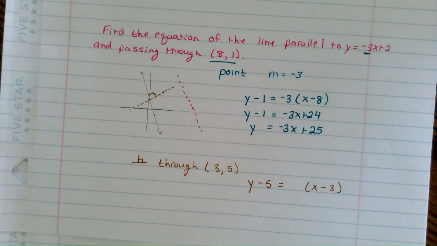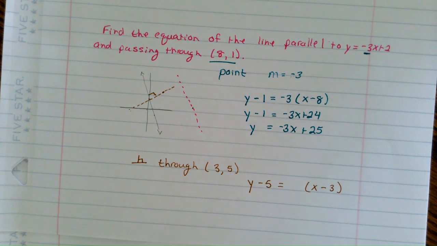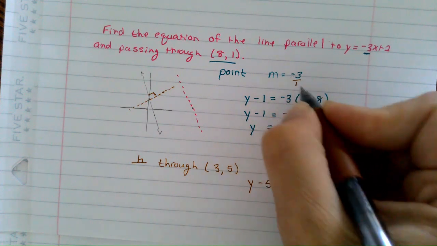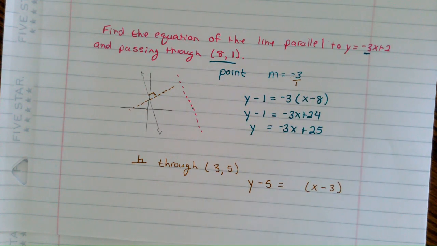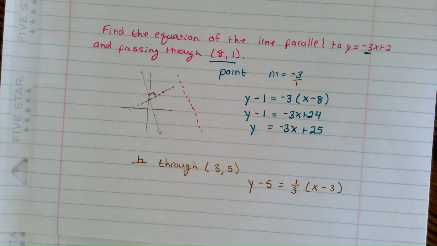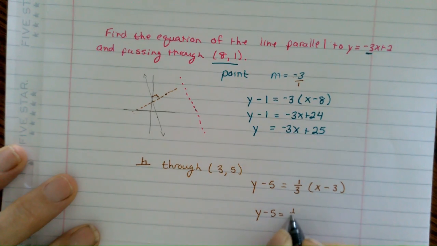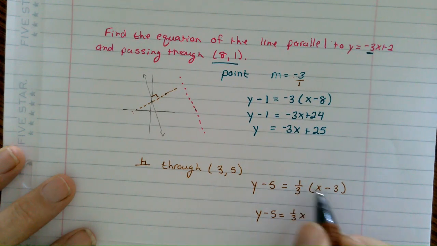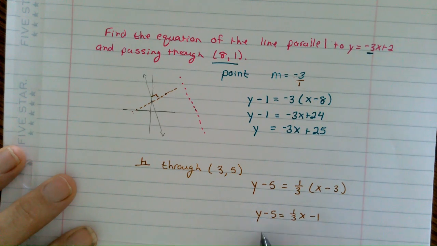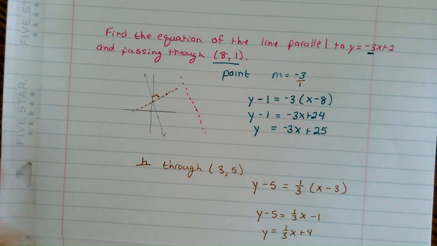I need my slope. So if they were going downhill, we need to go uphill. If they were doing 3 over 1, we need to be doing 1 over 3. Okay, we've got this. I know it's a fraction, it's fine. y minus 5 equals 1/3 times x minus 3. What is 1/3 of 3? Right, 1. Add your 5. There we go.